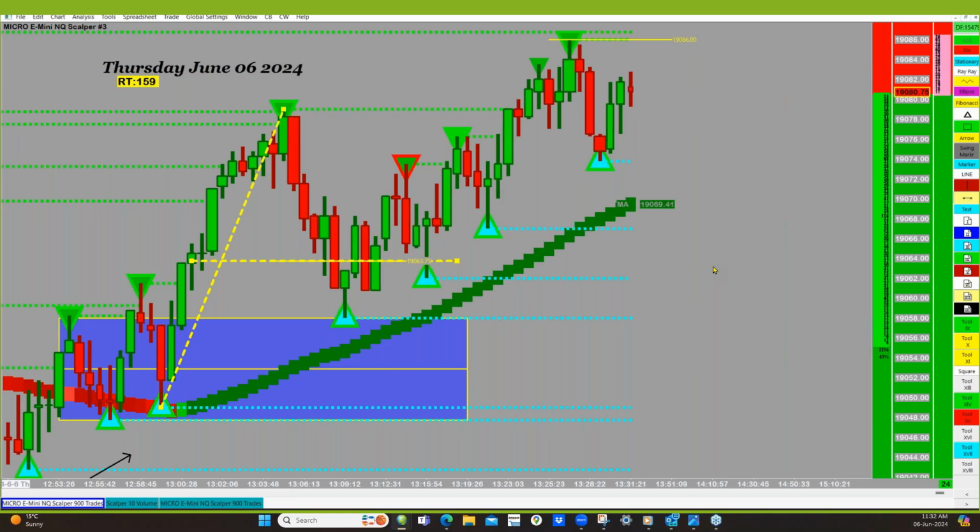Let me take a little drink of coffee here. Okay, there will always be a move up and a move back down. Always. For instance, this move back down off of the high, I'll grab a line here, off of the high to here, we have a swing high and a swing low.